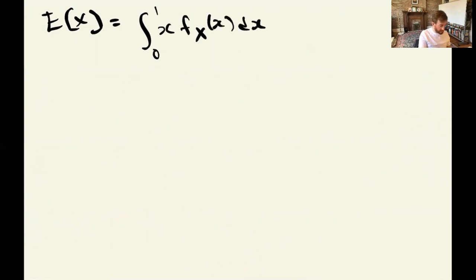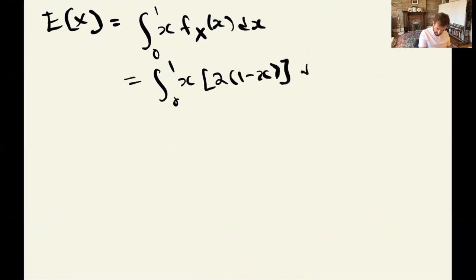This then, if you recall, was the integral from 0 to 1 of x times 2 times (1 minus x) dx. And so multiplying everything through, we end up getting 2x minus 2x squared.